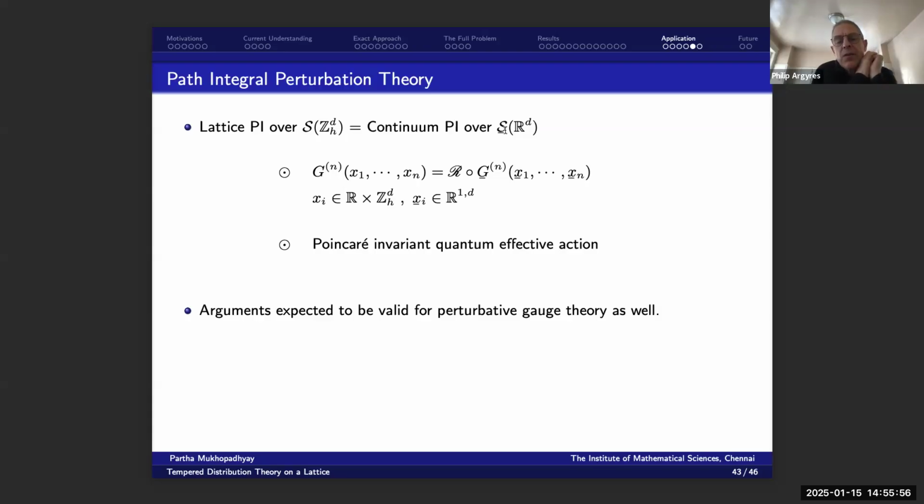So if you had just handed over to me these continuum Green's functions that you found by continuation from the lattice model with spacing h, I would be able to detect the lattice spacing, so to speak, as some kind of smooth Poincaré invariant short distance regulator or smoothing of this behavior.